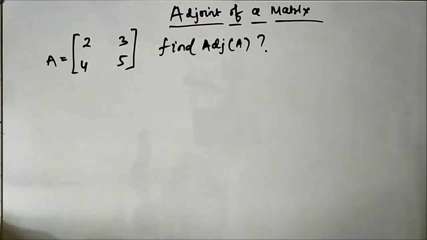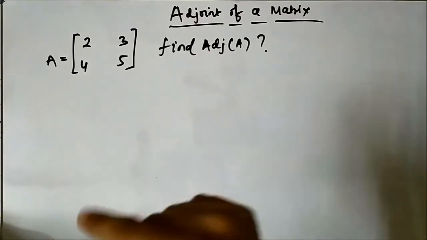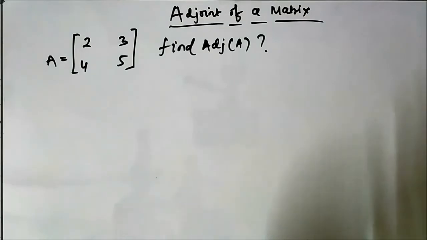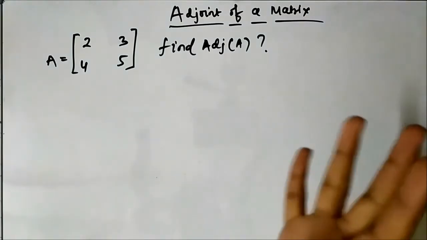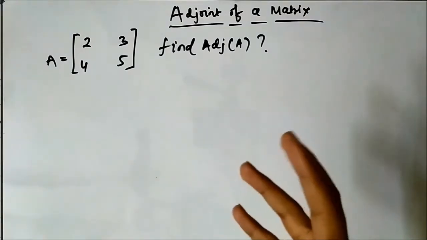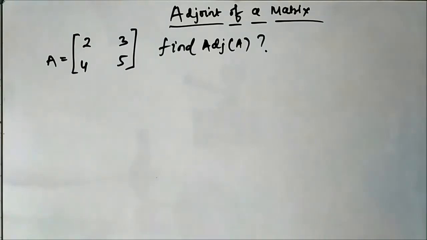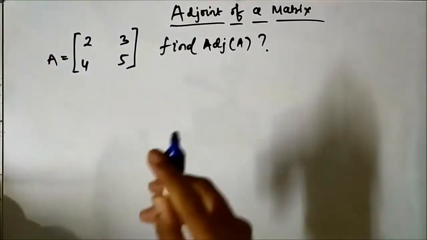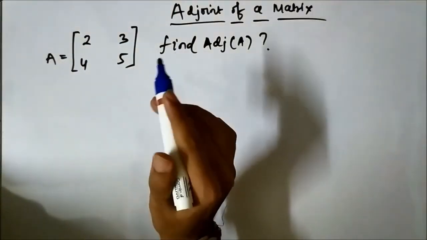Okay. So in the previous section we just discussed the basic concept related to the adjoint of a matrix. Now let us find out the adjoint of the given second order square matrix. First we have to determine the minor.